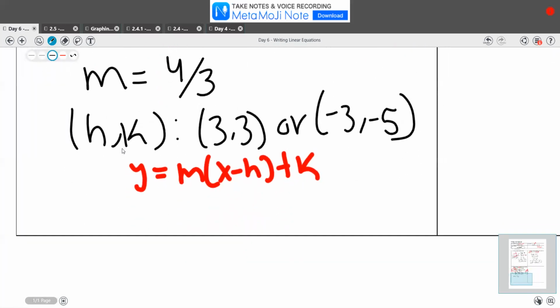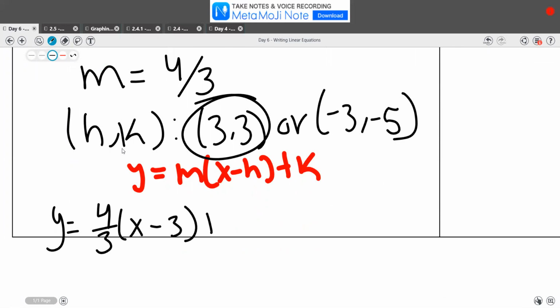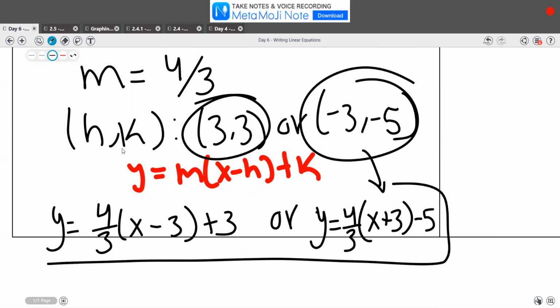So y equals m, which is 4 over 3, times x minus the opposite. I'm going to pick this one first. So it's going to be x minus 3 plus 3. Or y equals 4 over 3 x. And now I'm going to pick that one. It's going to be the opposite, so that's going to be x plus 3, and then minus 5. So either one of those two equations would be correct.